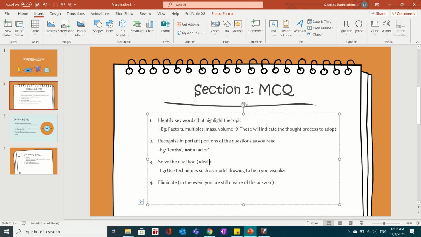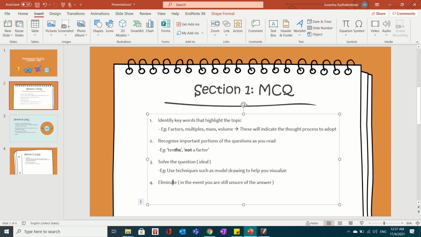so that you can avoid careless mistakes. The ideal way to complete the MCQ section will definitely be to solve all the questions, and this is the most ideal. But you should realize that you may not necessarily have to do that for every single question, because of the other option that we have, and that is elimination.